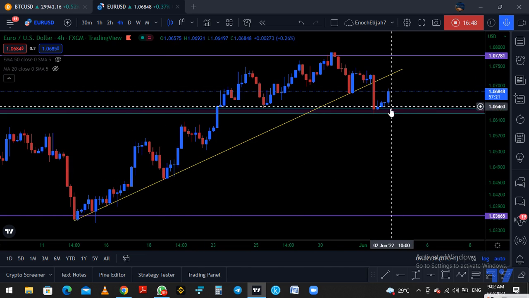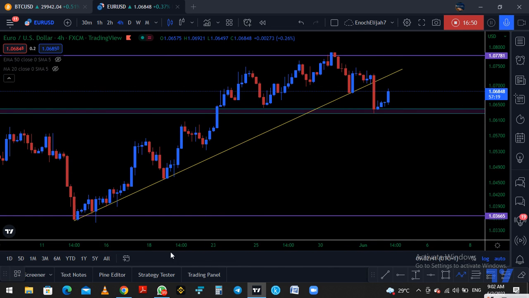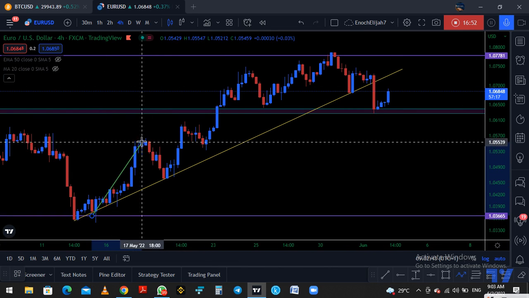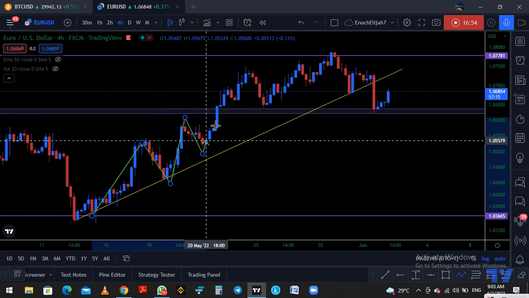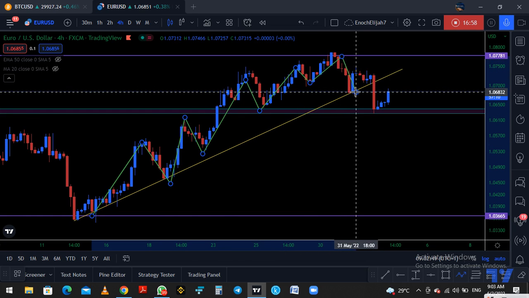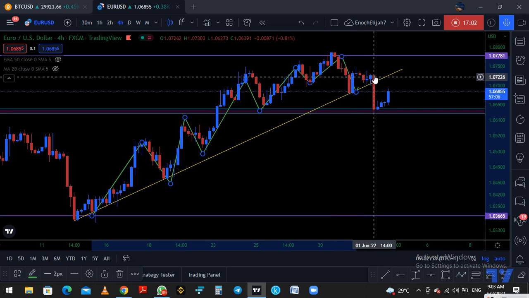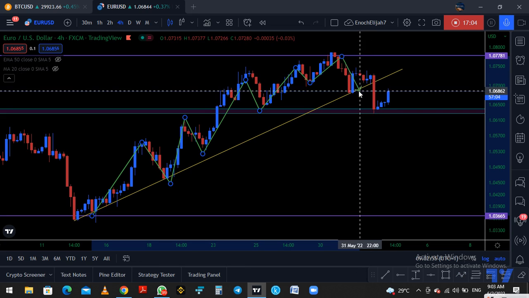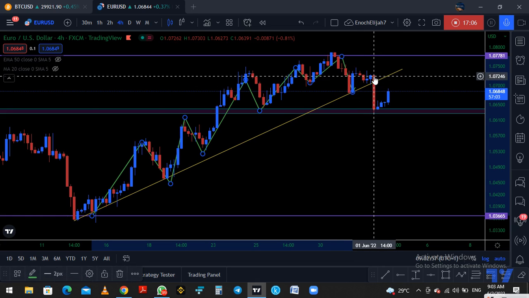There is a break of the trend line here, and if you watch, the trend was higher lows, higher highs. For the first time, we had a break of support here, and then a lower high formed from there, which is this.